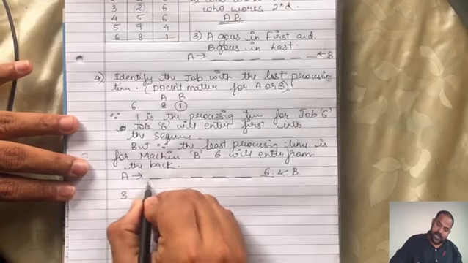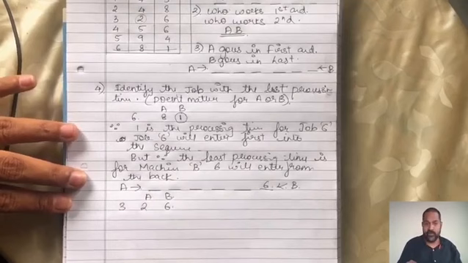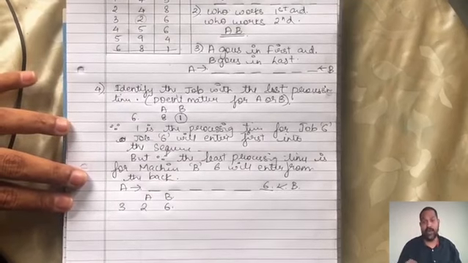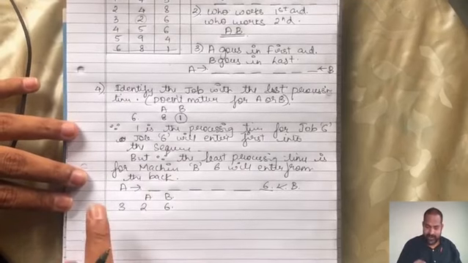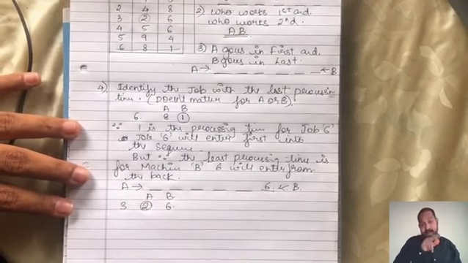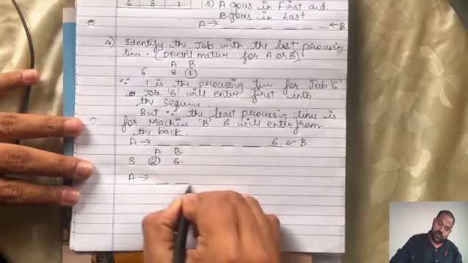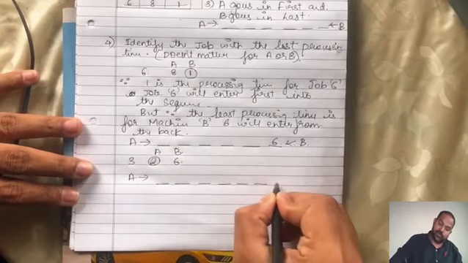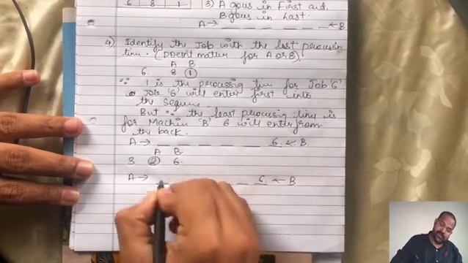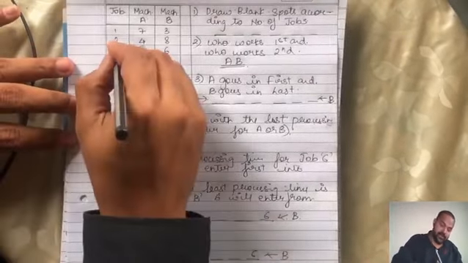So, 3, A, B, A is 2, B is 6. So 3 will enter, but from where? Well, 3 will enter, but the least time is for A, which means it will enter from the front. So the answer is A, 1, 2, 3, 4, 5, 6. B, 6 is here, 3 is here. Done. Cancel the 3 out.